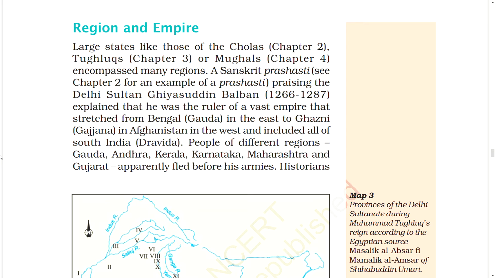A Sanskrit Prashasti praising the Delhi Sultan Ghiyasuddin Balban, 1266 to 1287, explained that he was the ruler of a vast empire that stretched from Bengal, Gauda, in the east to Ghazna in Afghanistan in the west and included all of South India, Dravida. People of different regions, Gauda, Andhra, Kerala, Karnataka, Maharashtra, and Gujarat, apparently fled before his armies.